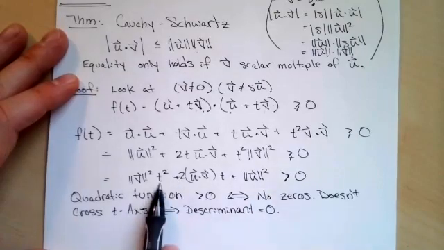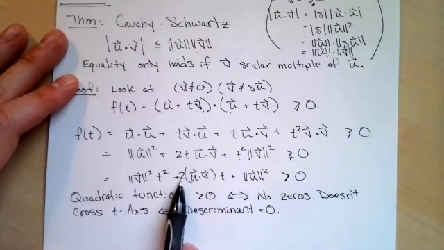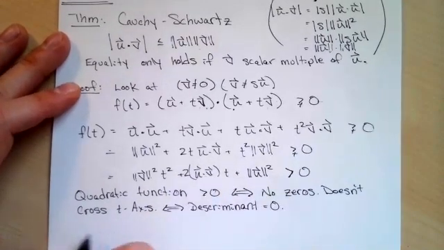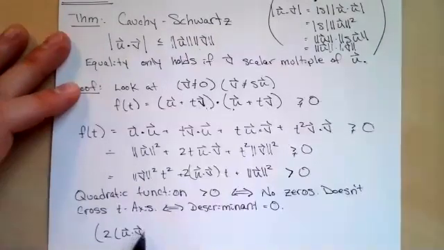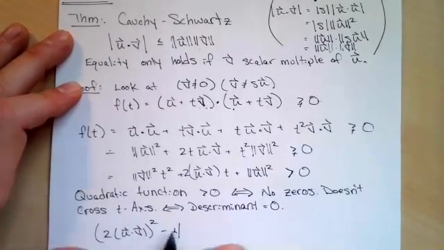So what is our discriminant? If t is our variable, our discriminant is going to be b squared minus 4ac. In other words, 2 times u dot v squared minus 4 times a.